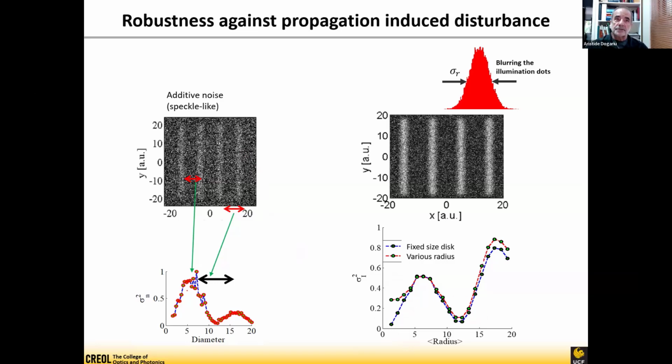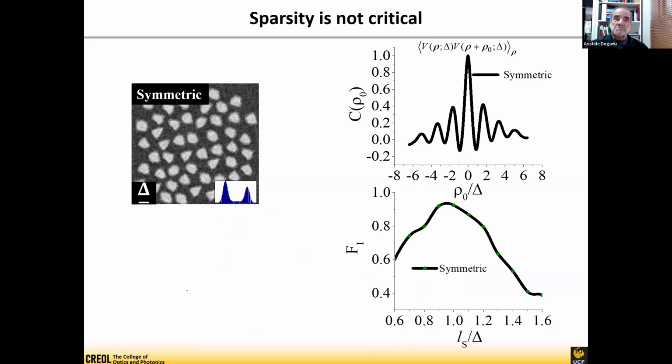It allows you to recover information from both the spatial correlation function of the signal and from the fluctuation of intensity, the so-called Fano factor.